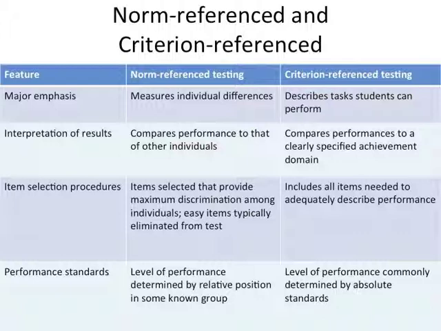Whereas norm referenced would be the score is based on compared to an average, or you're comparing to each other and ranking students. So norm referenced versus criterion referenced. You can read the other similarities and differences, or the comparison between the two, in this slide.